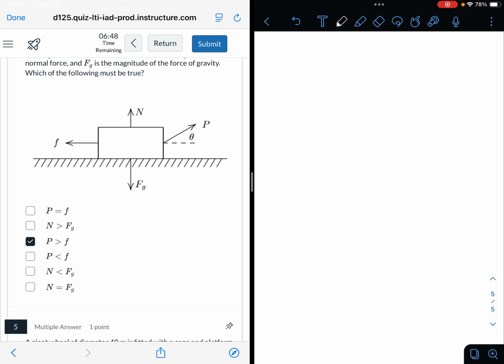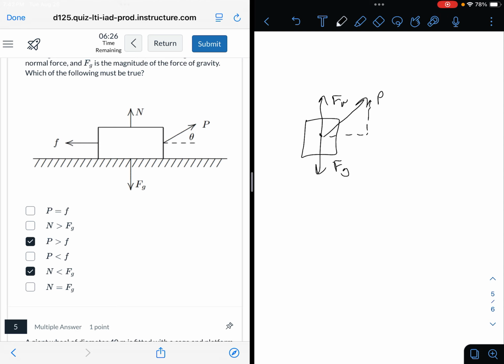And we actually know Fg is going to be greater than the normal force, right? Because the deal is the y direction. So if there's no pull force, Fg is equal to Fn, right? But if there's a component of the pull force that's upward in the y direction, the net force has to be balanced.